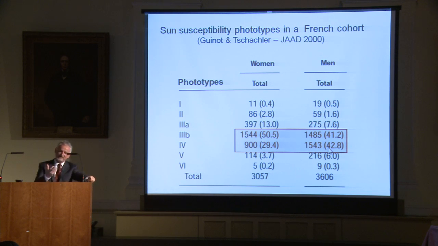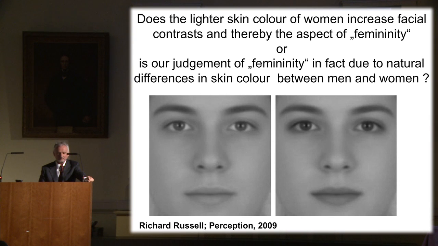So it's an objective feature in the same ethnic group. There is a difference between men and women, and these were pretty big numbers, more than 3,000 in each group. I didn't find out why this is the case, but probably something for the future.